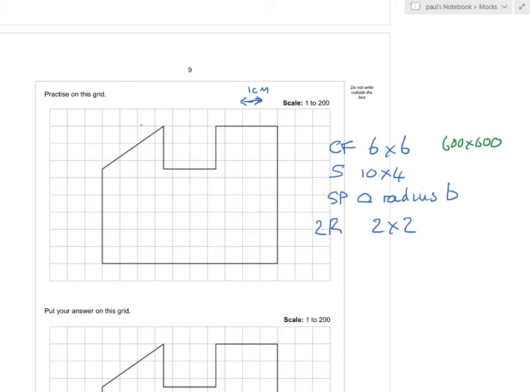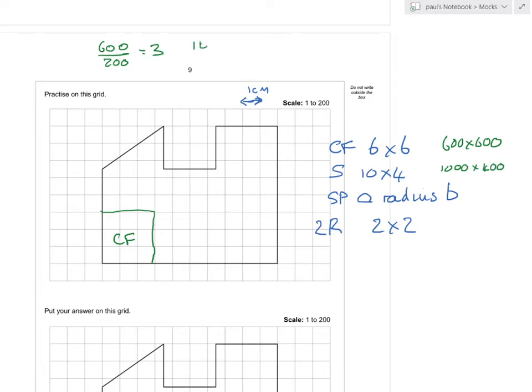So I'm going to do 600 divided by 200, which equals 3. So the climbing frame is 3 squares by 3 squares. So let's stick that over there. So this is the climbing frame. Now this one is going to be 1000 by 400.